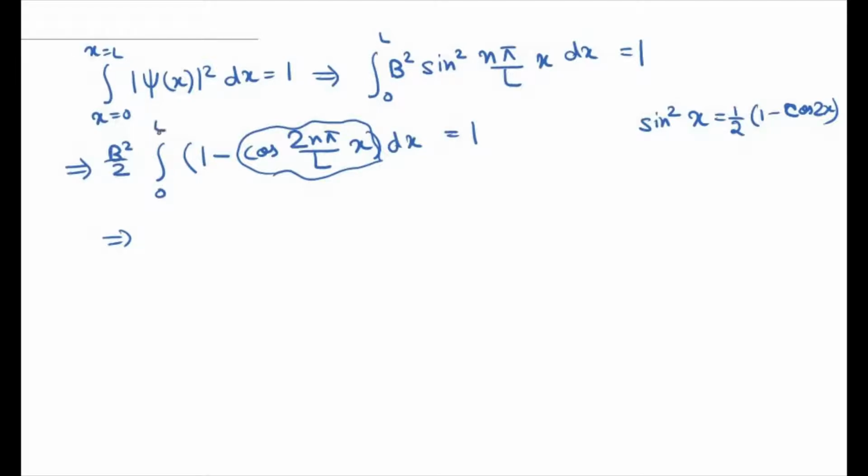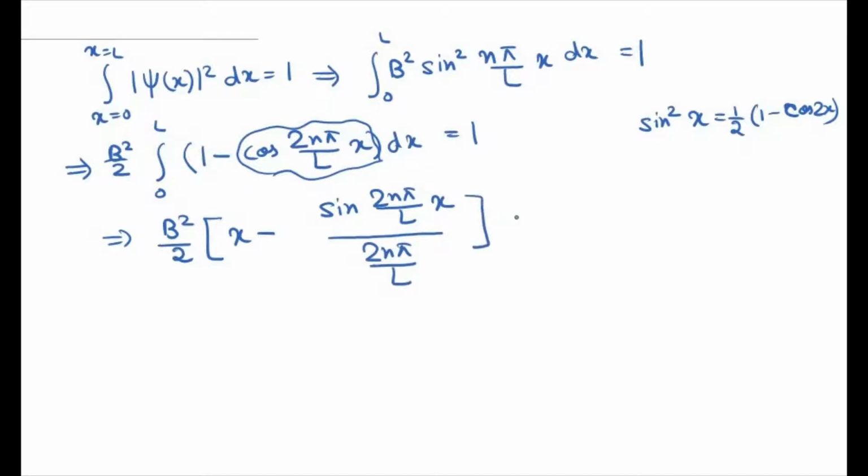So let us do it here: B²/2, the integral of 1 is basically x, so x minus sin(2nπ/L x) divided by 2nπ/L is equal to 1, from 0 to L.